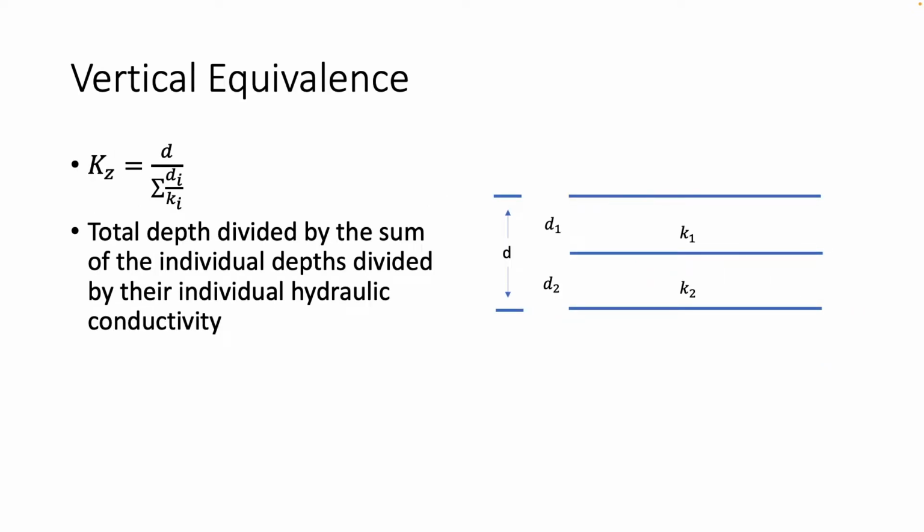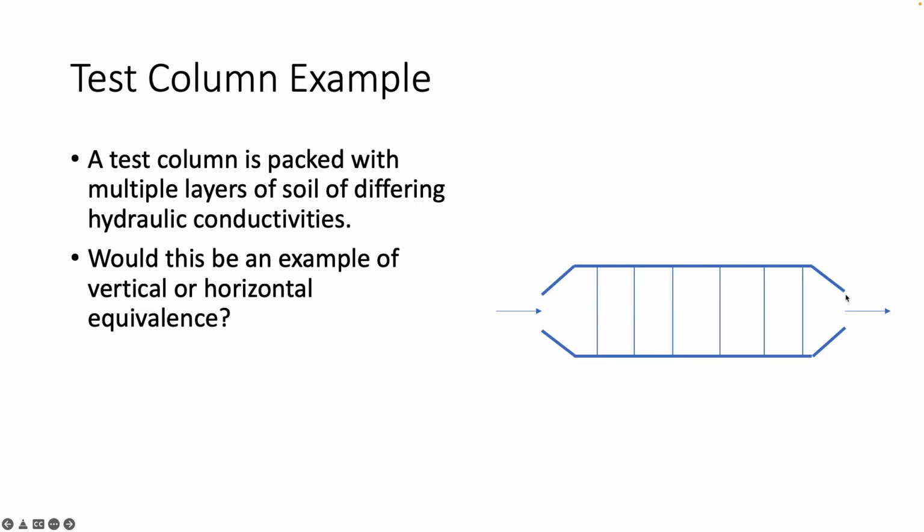So that would be an example of actually vertical equivalence, right? So we're looking at this as a horizontal flow, but it would actually be vertical equivalence. And the reason for that is because we are flowing through different layers in series.